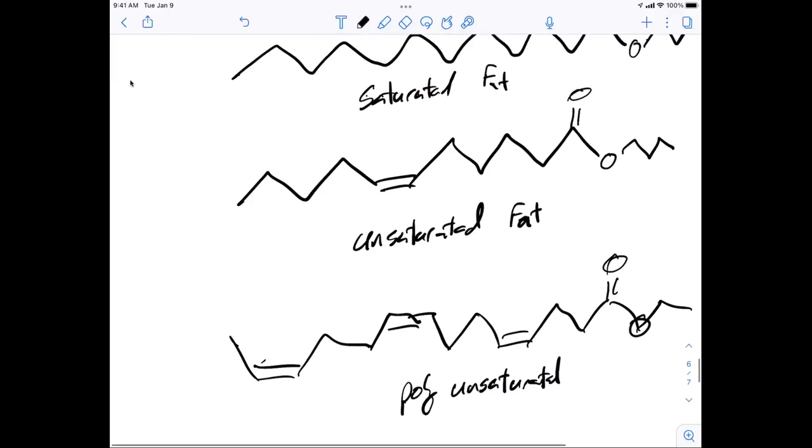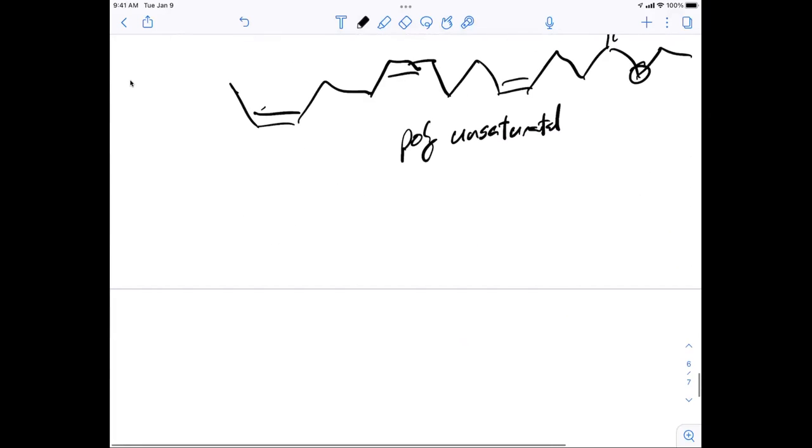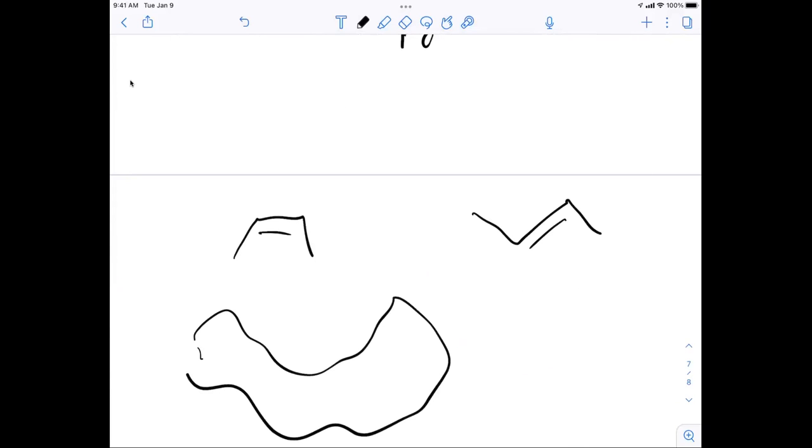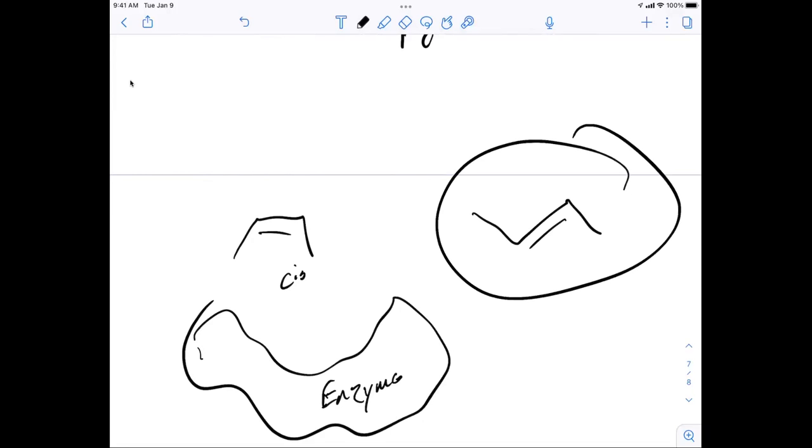And if we think about this, this makes a lot of sense. If I have a cis double bond versus a trans double bond, and I have an enzyme, right? If all naturally occurring double bonds in lipids are cis, and my enzyme is made to fit a cis, what's the problem with the trans?